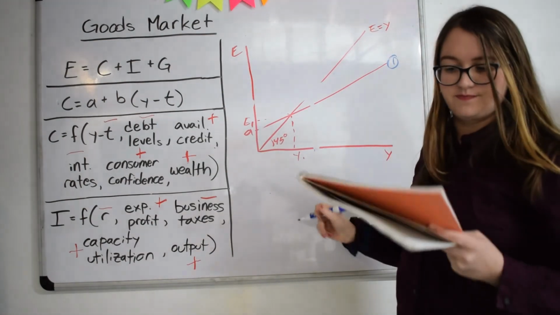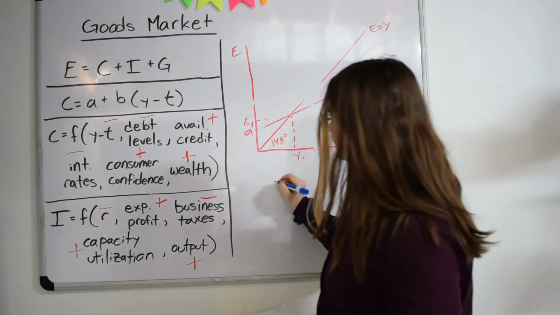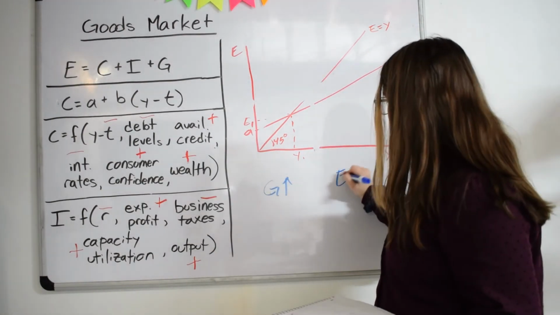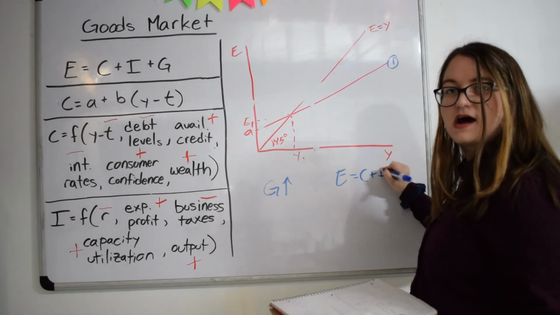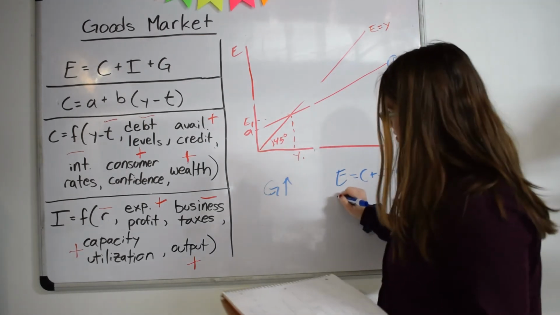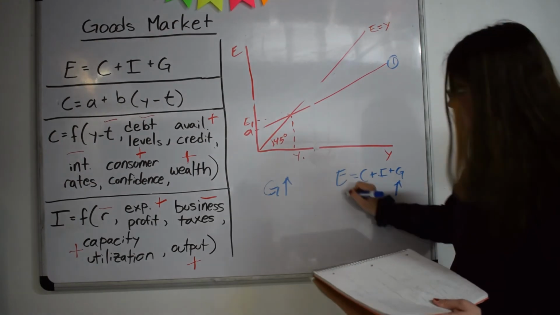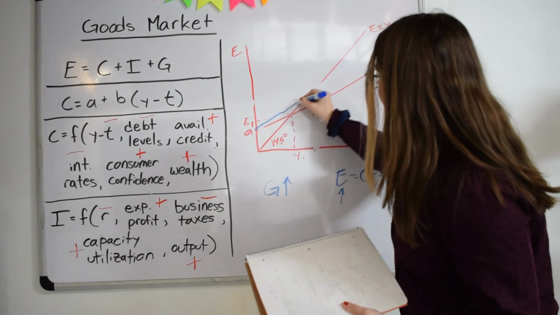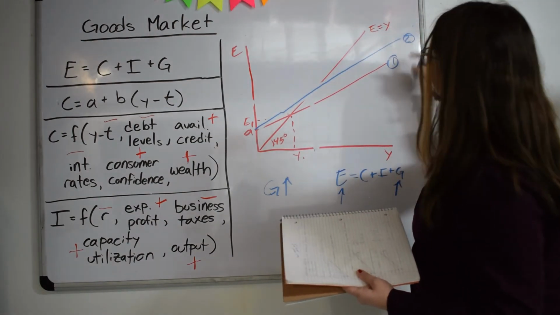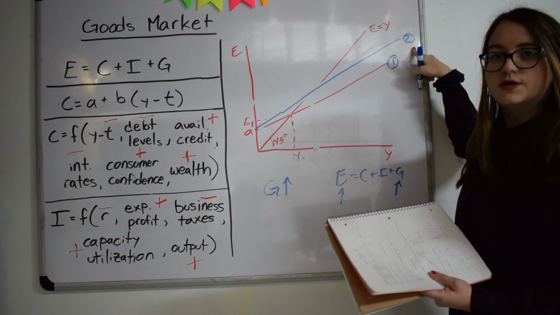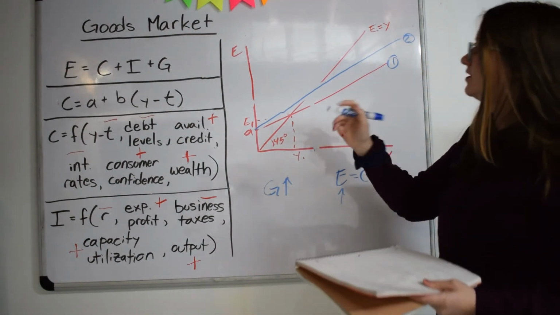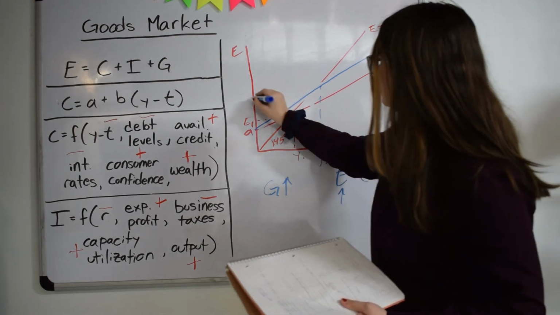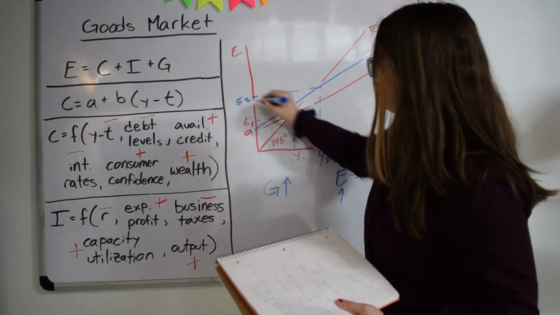What happens if government spending increases? What if G increases? Well, we know E equals C plus I plus G. If government spending increases, that will increase expenditure. So if expenditure increases, we're going to increase from 1 to 2, tilt the line upward, draw our equilibrium, Y2, E2.